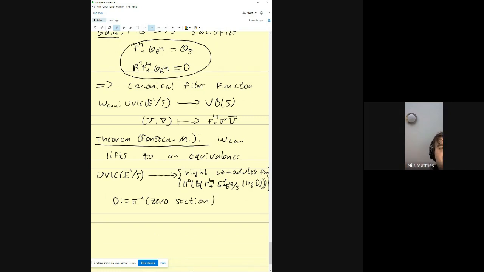And this here is the bar construction on this guy here in the middle.